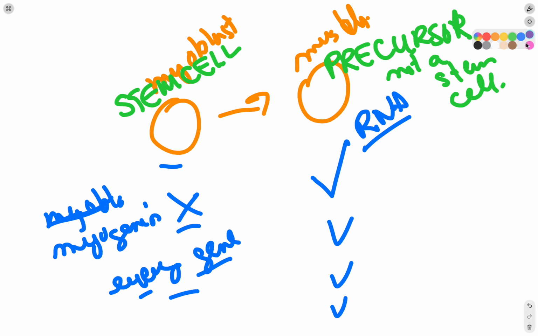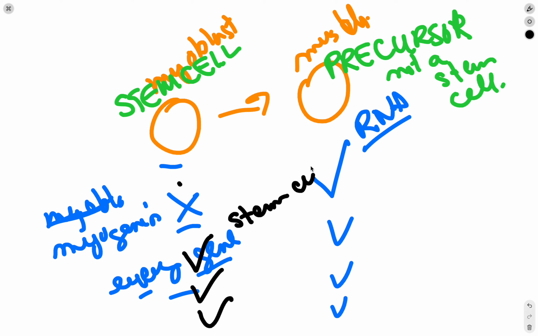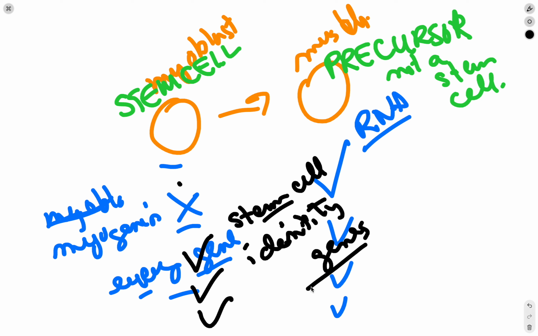So how about we look at all the RNAs in a stem cell and a precursor cell, and we find those RNAs that are specific to a stem cell. And we could call those stem cell specific genes. What Yamanaka called them, and scientists call them, is stem cell identity genes. That's what gives the stem cell its identity.